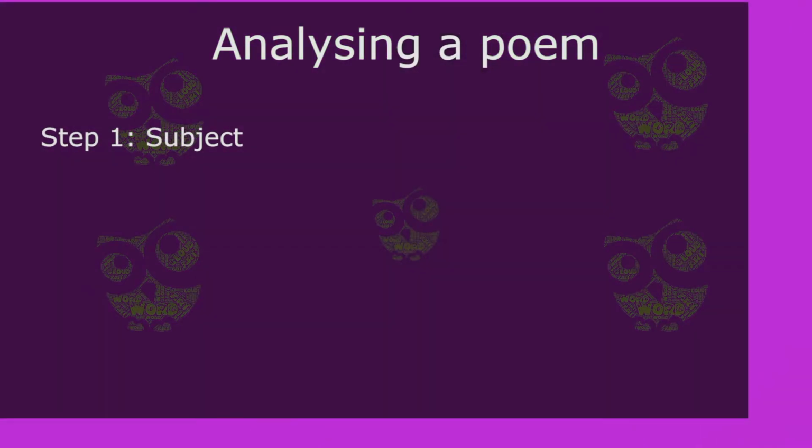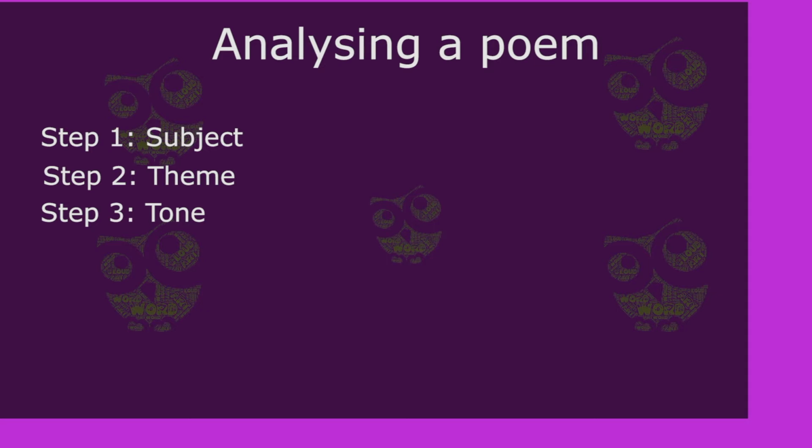And here are 6 steps that will help you to analyze a poem. Step 1. Subject. What is the poem about and why? Step 2. Theme. What are the repeated ideas and topics? Step 3. Tone. How would you describe the mood of the language?